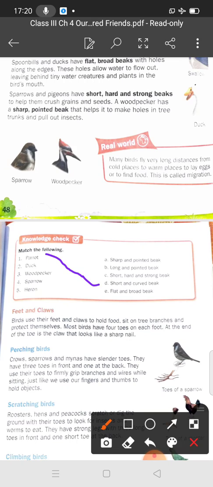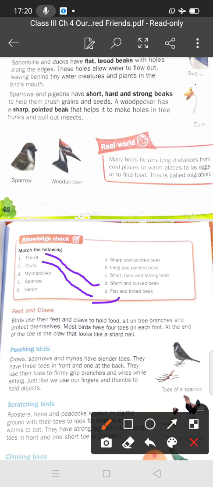And the duck: we have discussed the birds now. The duck has a flat and broad beak with hollows in the edges.